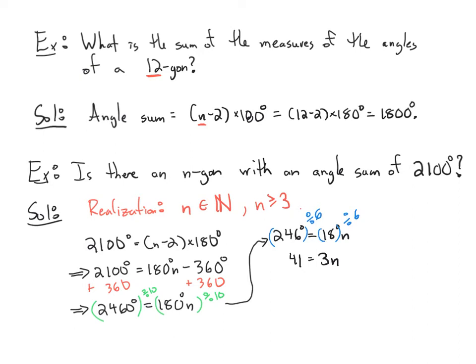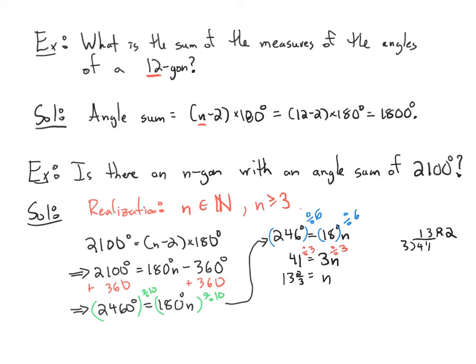Now it's clear to see that if we divide both sides by 3, well, 41 divided by 3 isn't going to be a whole number. 41 divided by 3 gives you 13 with a remainder of 2. So n is going to be 13 and 2/3.